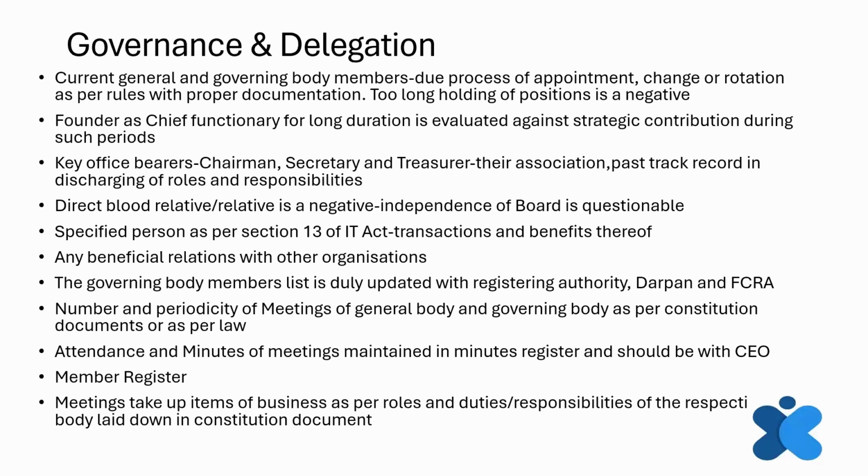For instance, there's no understanding of what action can be taken by the general body and what action can be taken by the governing body. The general body takes very few, limited decisions. They take decisions about statutory audit, which is never part of their annual general meeting.